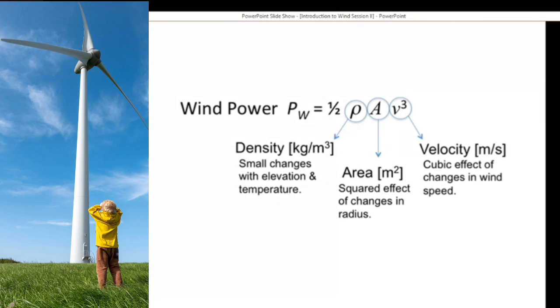And the area, there is the squared effect of change in radius, because to calculate the area of this system means to calculate the area of a circle. The blade will rotate with that area, and that is the cubic effect. Because the velocity is cubic, it means the velocity will influence the system at its max.